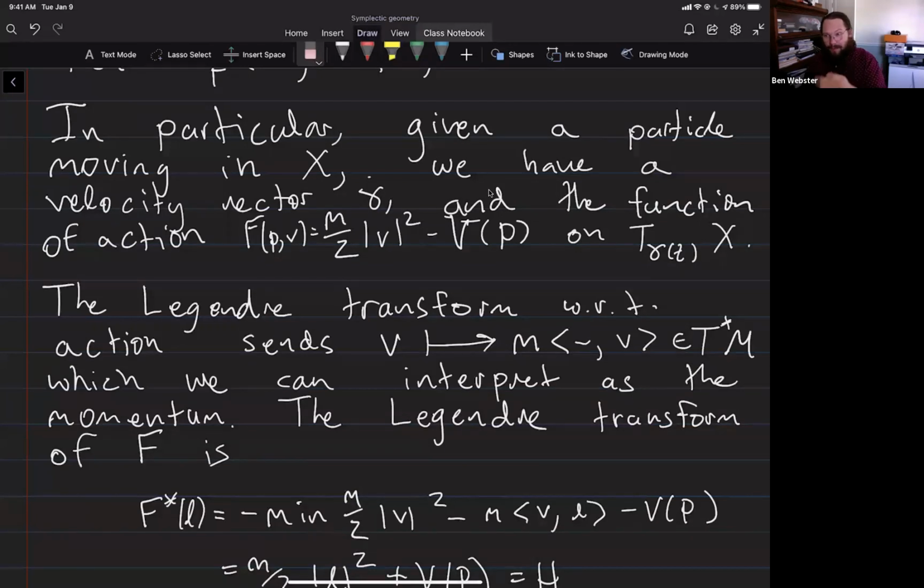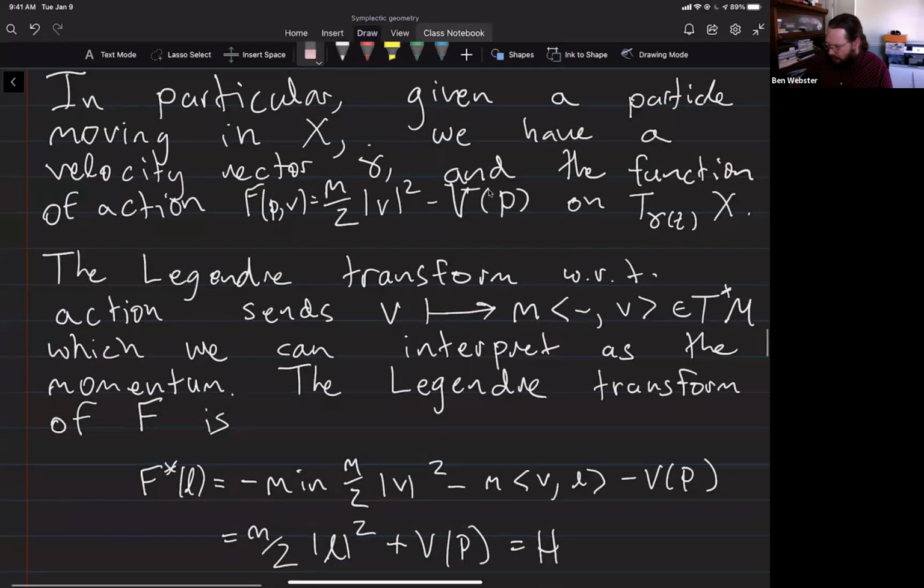And the right way of thinking about momentum is it's the derivative of kinetic energy with respect to velocity. Again, if you don't think too hard, that's kind of obvious from a naive calculus perspective, but it also works in a more sophisticated way as well.